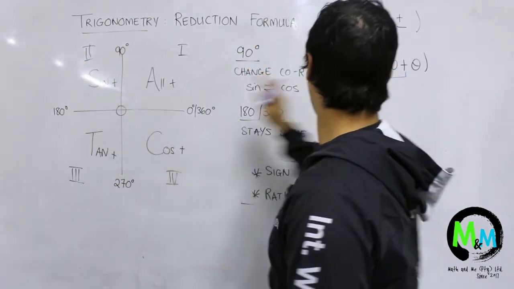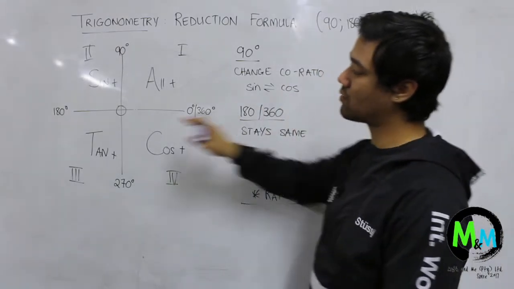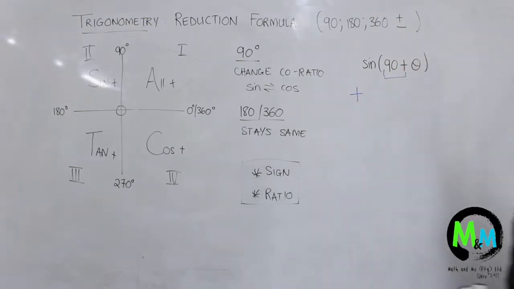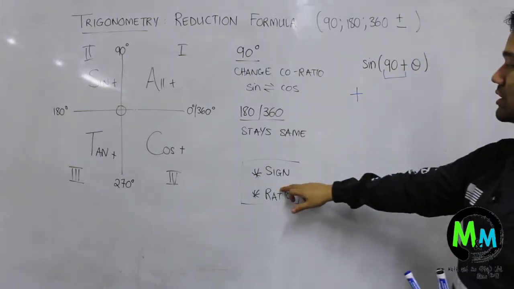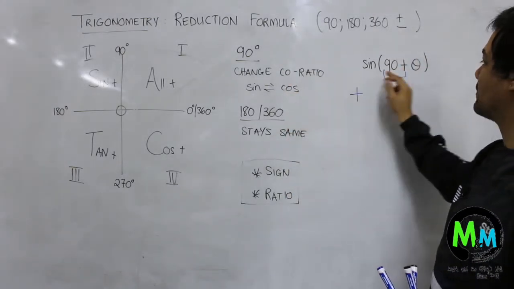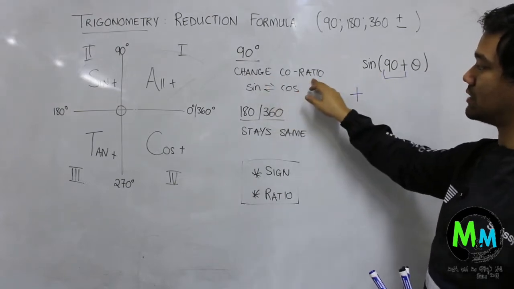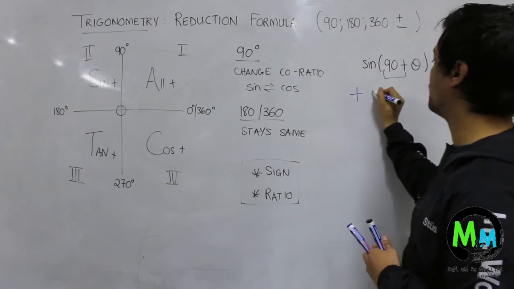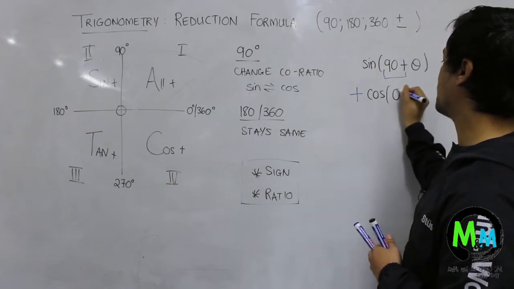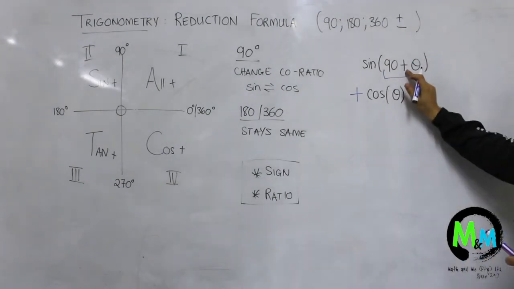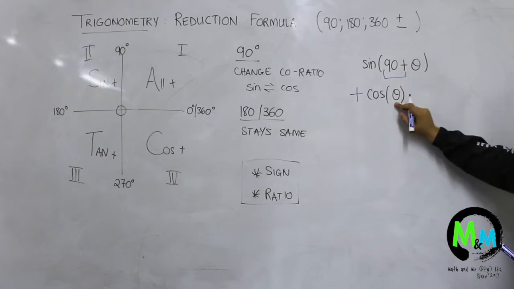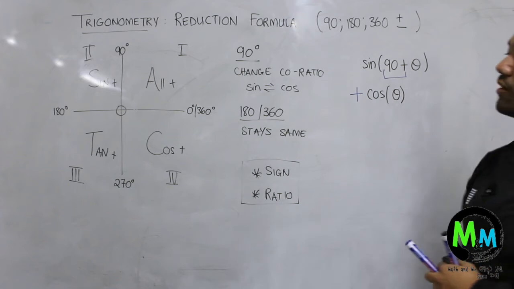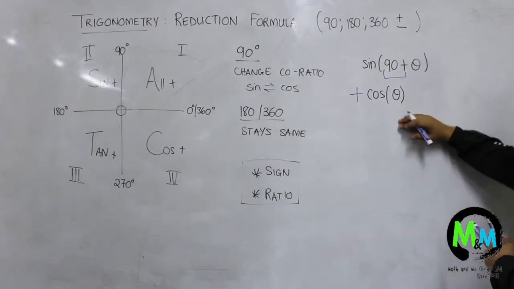So I say, is my ratio positive or negative in that quadrant? Sine is positive, so I know I have a positive answer. Next we check the ratio. So that's when we'll look at the rules. If it's 90, I know it changes to its co-ratio. So sine will change to cos. Therefore, my answer will be positive cos theta. Don't worry about the sign. If this was a negative, it's still theta, because this sign just tells us which quadrant we'll find ourselves falling in. So my answer is cos theta.